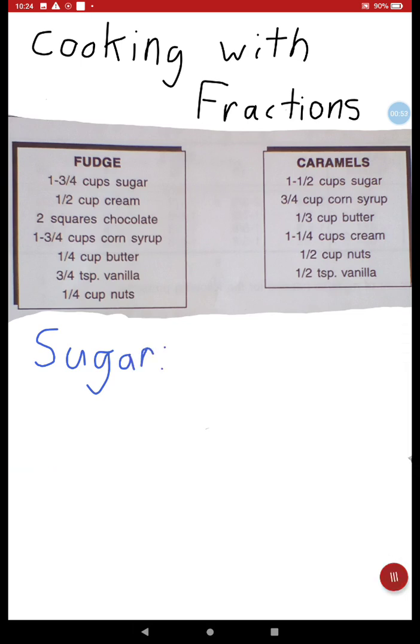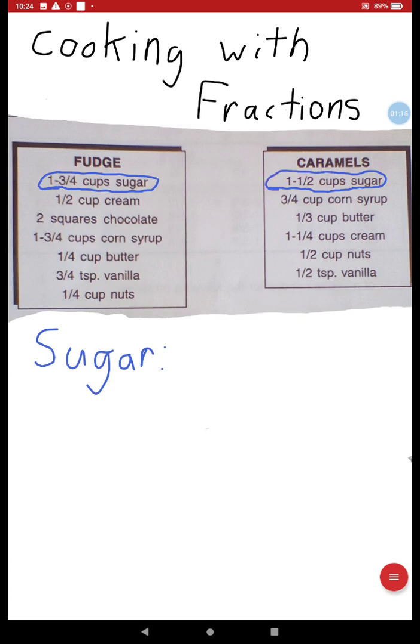Well, let's look at both recipes. Fudge says that I'm going to need 1 3/4 cups of sugar. Okay, how about for caramel? 1 1/2 cups sugar.